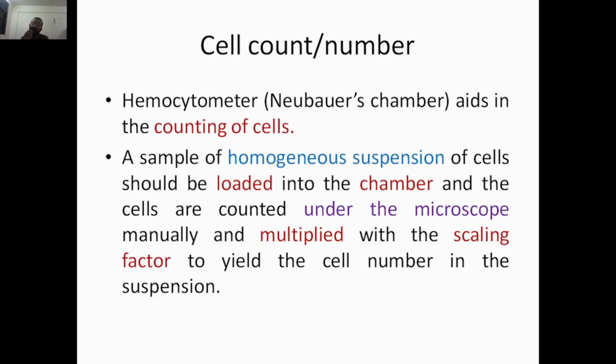So just count the number of squares and count the number of cells in one square. So that will give the number of cells. Here it is 25 into 75. So that will give you the total number of cells, right? Multiplied with the scaling factor. The scaling factor here is 75 in my example, to yield the cell number in the suspension.